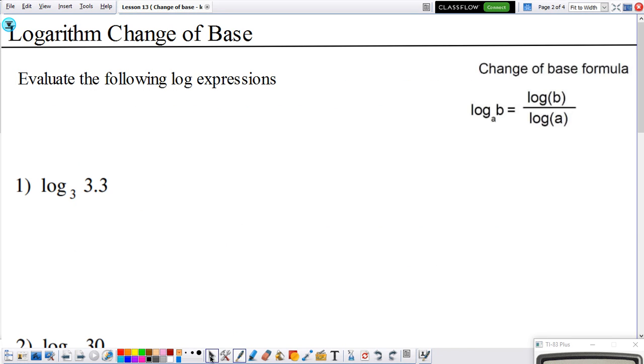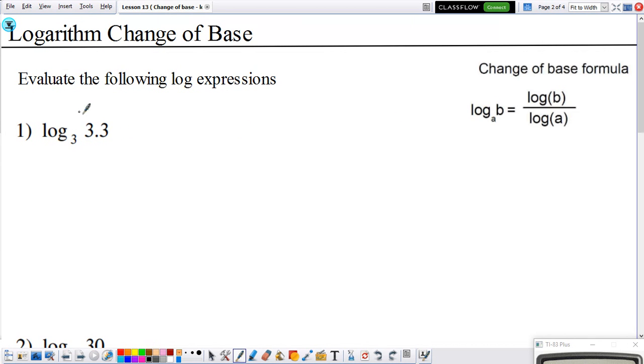So let's look at the first example here. Notice that we want to find out what this value is, but we cannot use the calculator yet because the base here is 3. So if we want to find the numerical representation of this, then we've got to use the change of base. The change of base is the log of the top divided by the log of the base.